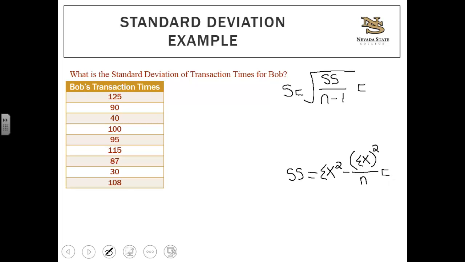Okay, let's go ahead and find our sum of x. You just add all these together. When you add all those together, you end up with 870. Now I need to square each score and add them together. I'm just going to abbreviate this x squared, because these are our x values.